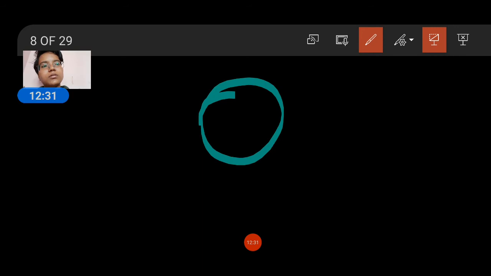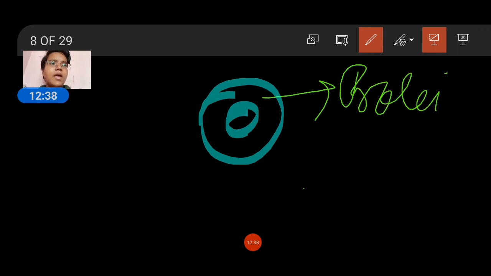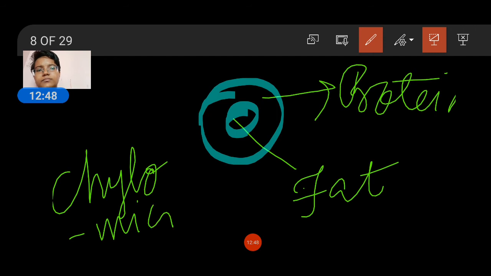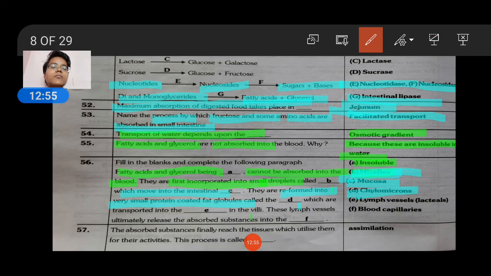Chylomicrons, you know, are like this: outside is protein and inside is fat. They are transported into the lymph vessels or lacteals in the villi.